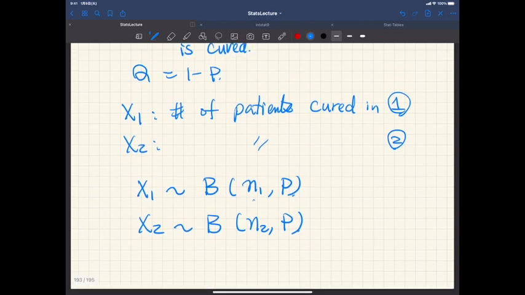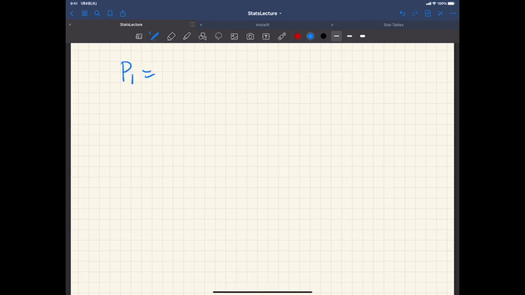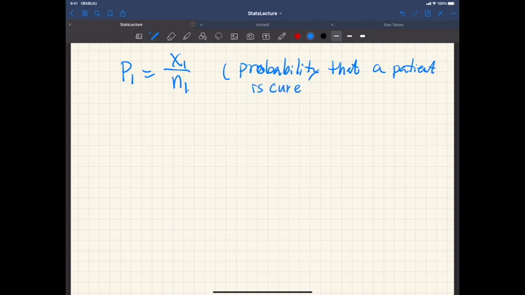So from this we can calculate the probability that a patient is cured in experiment 1, P1 equals X1 over N1, and P2 equals X2 over N2, the same in experiment 2.